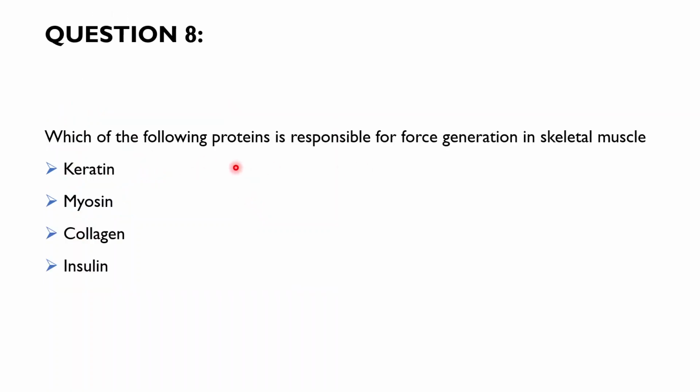So which of the following proteins is responsible for force generation in skeletal muscles? Keratin, myosin, collagen or insulin? So we have four options here. You can type the answer and we can discuss the correct option.